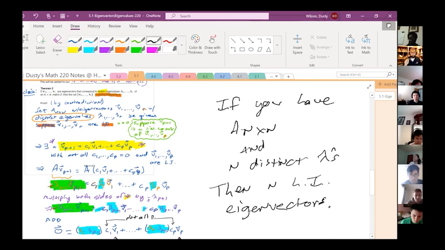Yesterday we introduced this idea of geometric multiplicity. You may or may not remember that, but if you do, this would be like saying that the geometric multiplicity of every eigenspace is just 1.